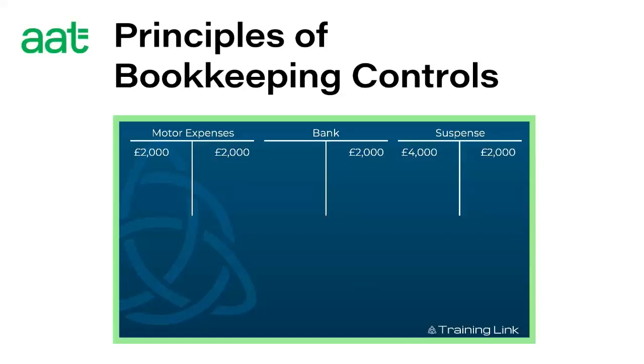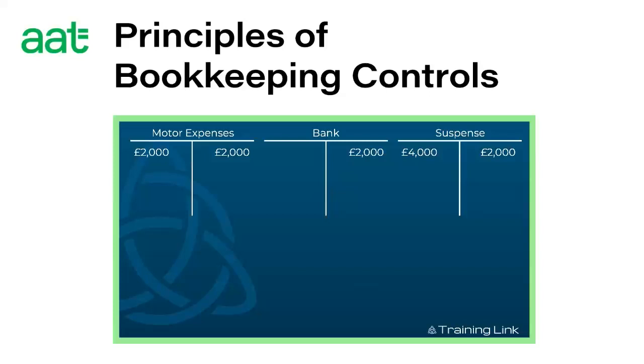What that does is that brings our motor expenses account balance down to 0. Our bank is still sitting correctly at a £2,000 credit, and our suspense account originally had this 4,000 debit, but we've credited it now for 2,000.